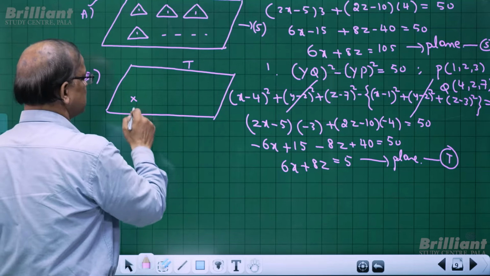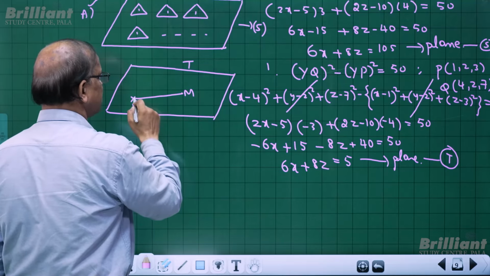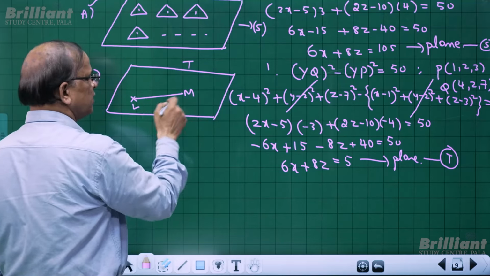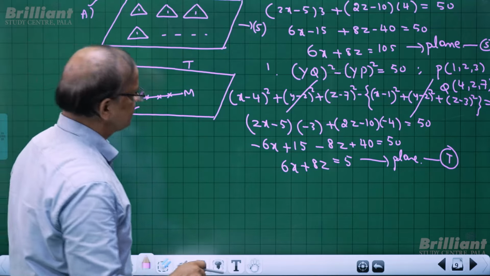Suppose there are two points L and M. Definitely the line joining them lies on this plane. So this is also correct.